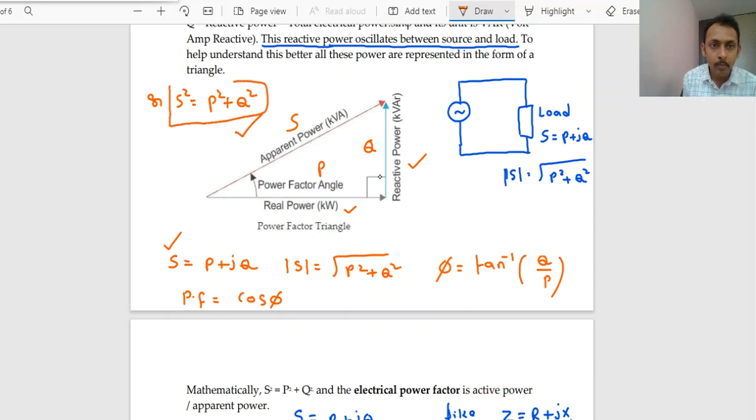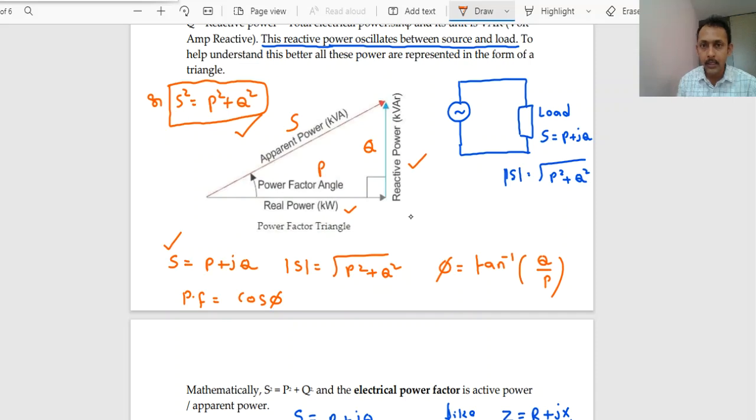This is also important, dear students, right? Simply to say, if you want the angle phi, take tan inverse of Q by P, and cosine of that phi will give you the power factor.